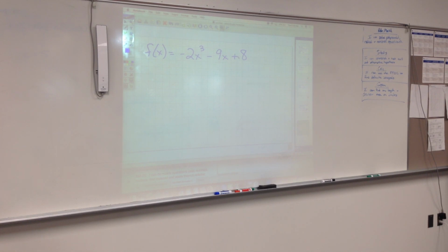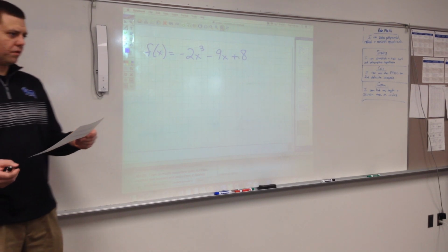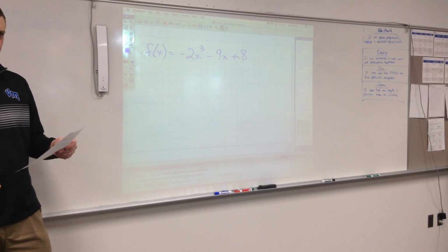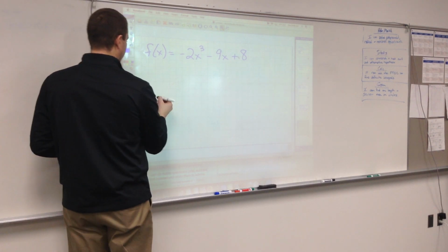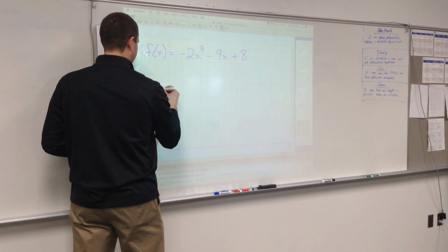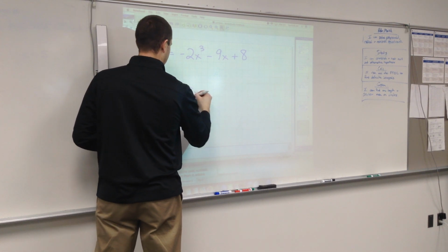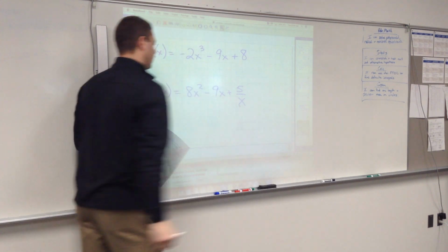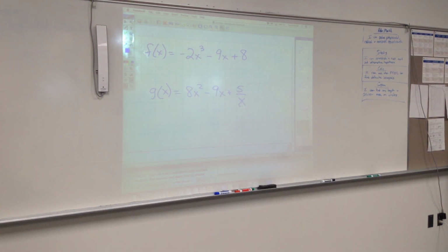So how do you feel on the terminology that we've done so far? So far so good? Okay? Tell me why this one is not a polynomial. It has the x in the denominator, so it's a rational function.